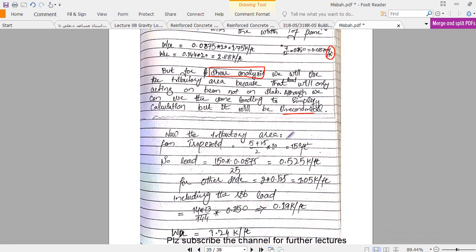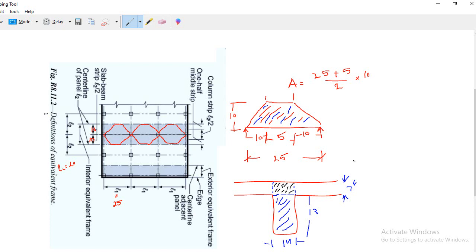Clear? Now the tributary area is this one. Let me explain this concept. You see, this is the tributary area as you see here, and this is the tributary area for this span and this span. I think you all will be familiar with the tributary area.